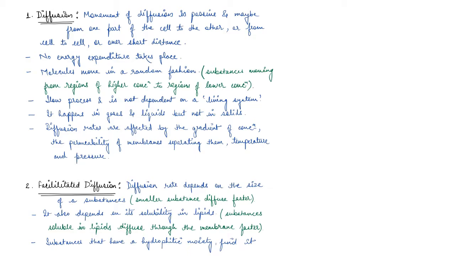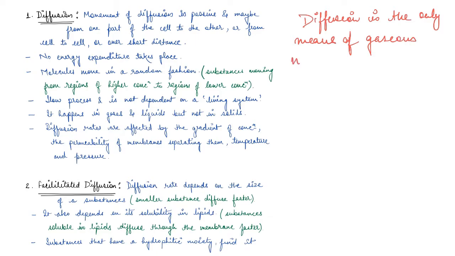But diffusion is very important in plants since it is the only means for gaseous movement within the plant body. Remember that diffusion is the only means of gaseous movement in plants.